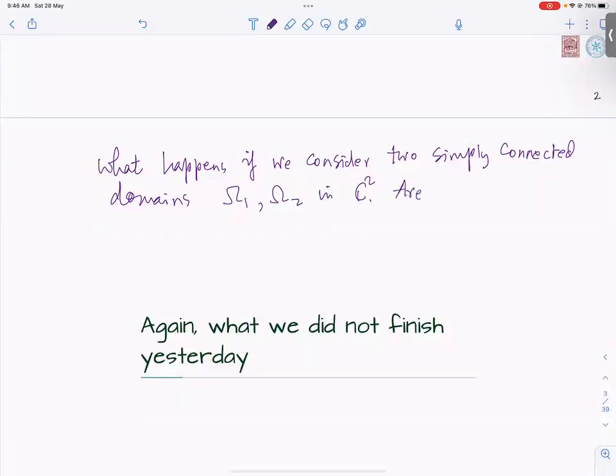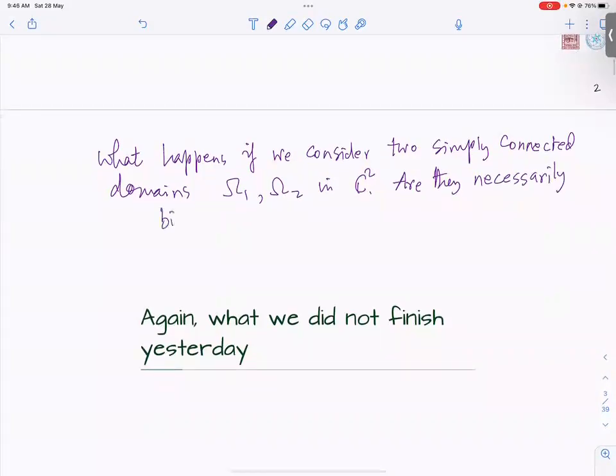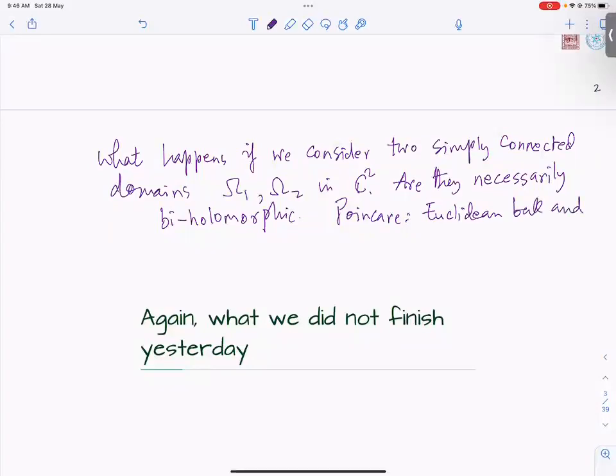Are they necessarily biholomorphic? This question already occurred to Poincare, and there is a proof due to Poincare saying that the Euclidean ball and the polydisk are not biholomorphic.